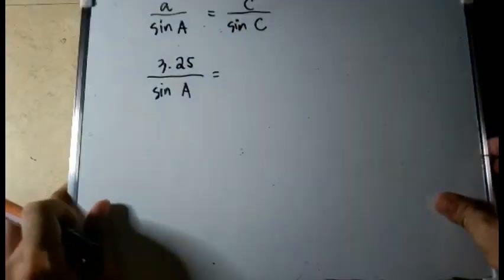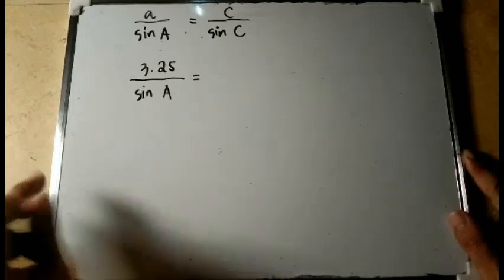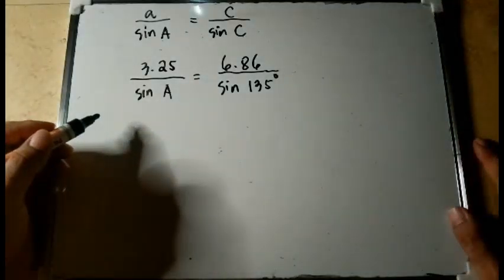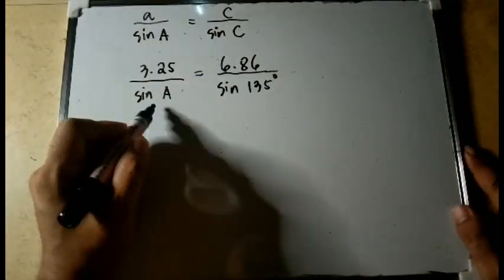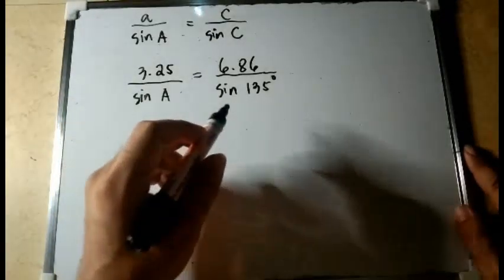Okay, so we have 6.86 over sine 135 degrees. Okay, so multiply natin both sides by sine A and sine 135.